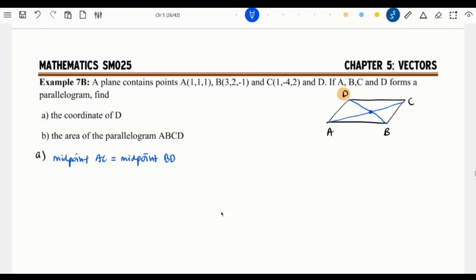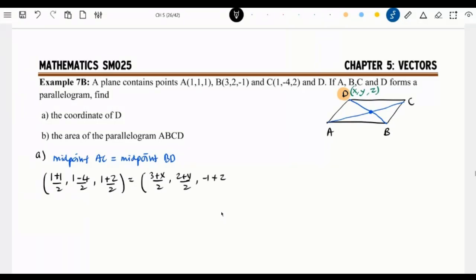Okay, midpoint AC. So AC adalah X dengan X tambah bagi 2. So it will be 1 plus 1 divided by 2, 1 minus 4 divided by 2, 1 plus 2 divided by 2. Okay, midpoint BD. So kita assume dulu D kamu adalah X, Y and Z. So what we have is 3 plus X over 2, 2 plus Y over 2, negative 1 plus Z over 2.